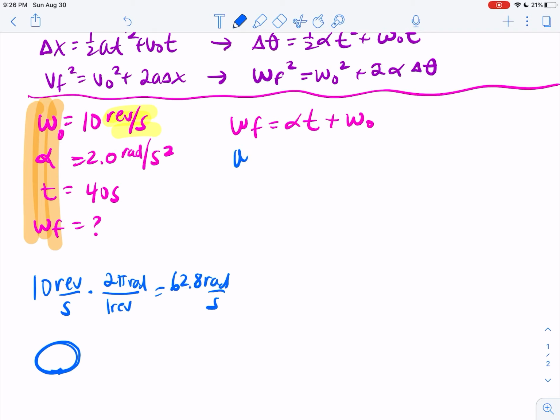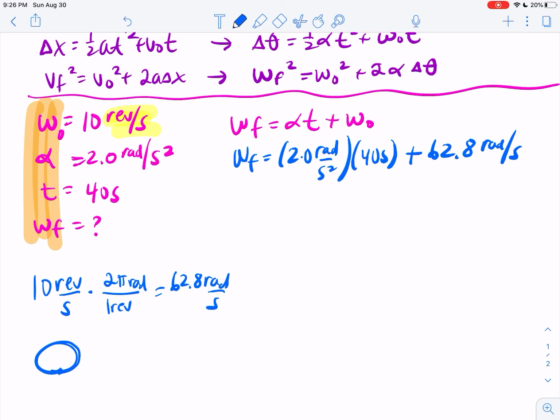All right. Luckily, this is already isolated, so all I have to do is plug in what I know, 40 seconds plus 62.8 radians per second. Now, you have to be careful with the signs. Because if it's rotating in a certain direction, let's say this way I'm going to make positive. It's telling me that it's slowing down. It's reducing its angular velocity.